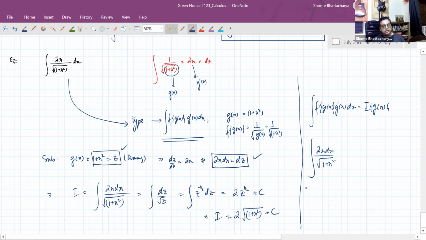Here we saw that g(x) was 1 plus x square and f of g(x) is 1 by root g(x). So I of g(x) should be 2 root g(x). That should become 2 times square root of g(x).